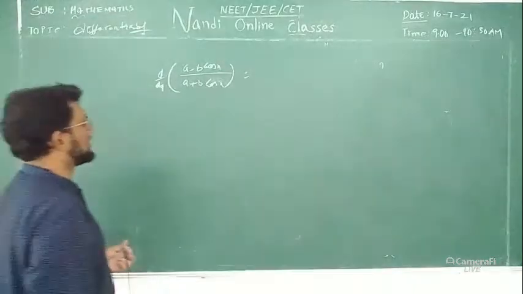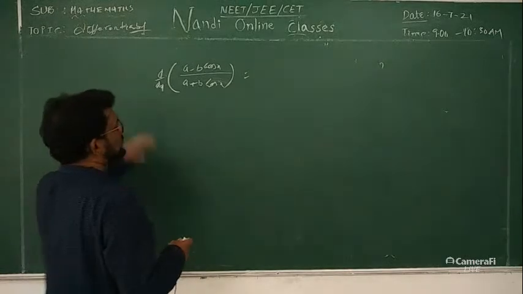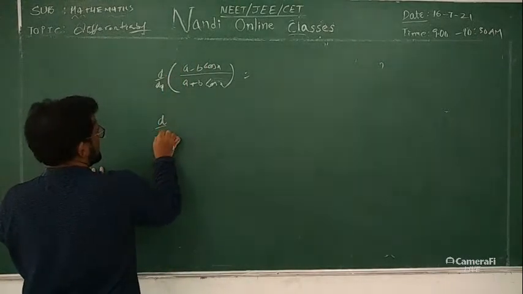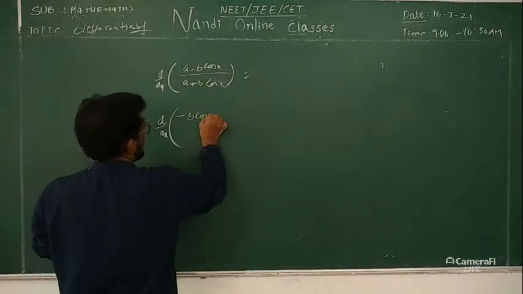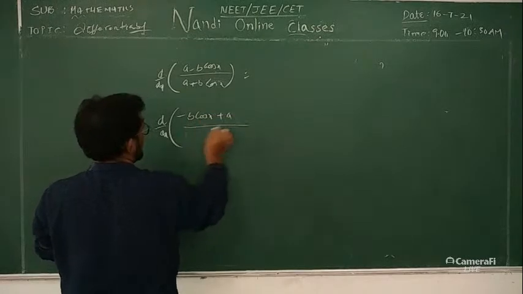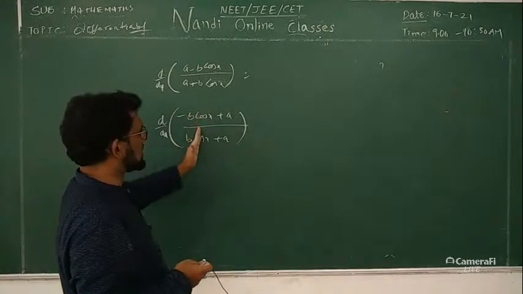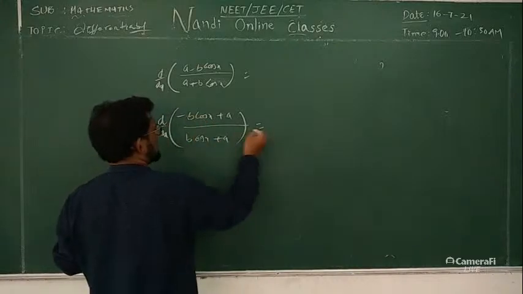Any guesses? Already we have done. I told you one technique regarding this. Better you maintain all the functions on the left side. Remodify as minus b cos x plus a, here b cos x plus a. Then apply the AD minus BC formula.